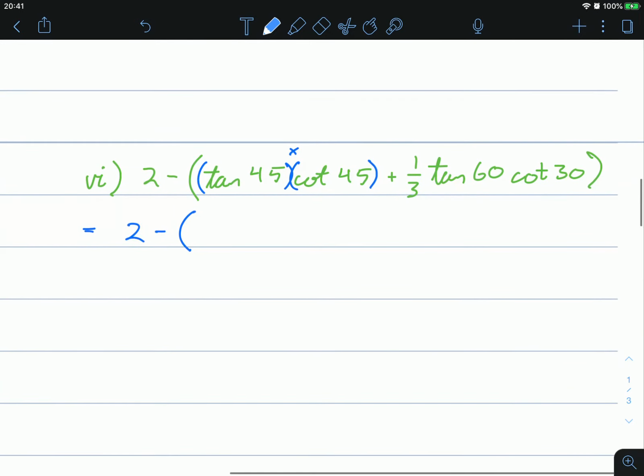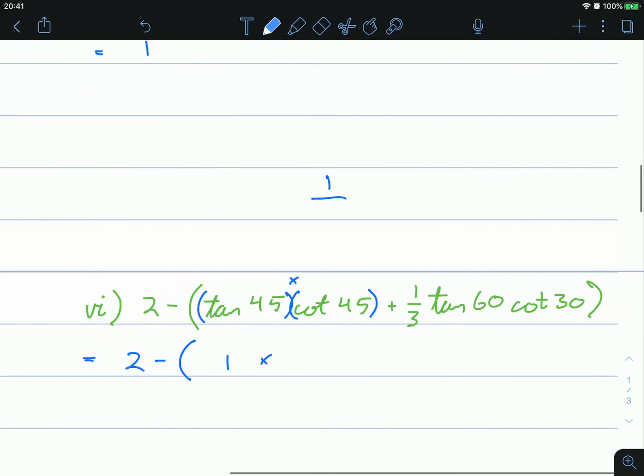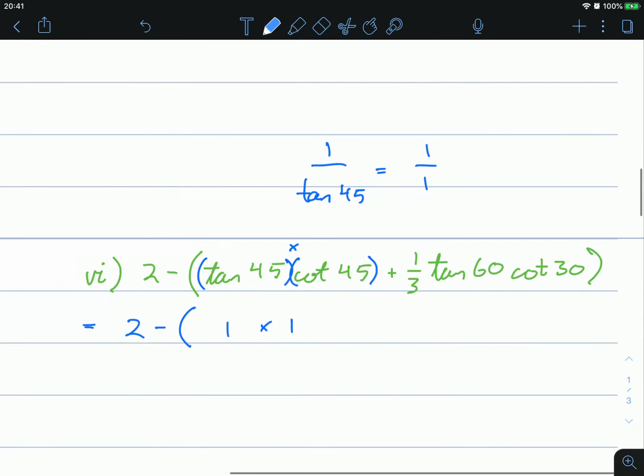Tan 45 is 1, times cot 45. Well, that's the same as 1 on tan 45, which is just going to be 1 over 1. That's also equal to 1. Plus 1/3 doesn't do anything, it's by itself.